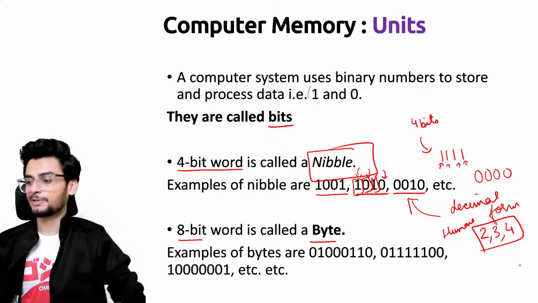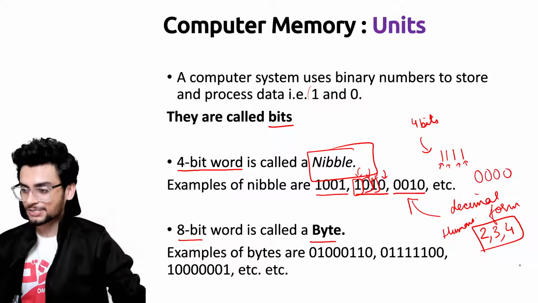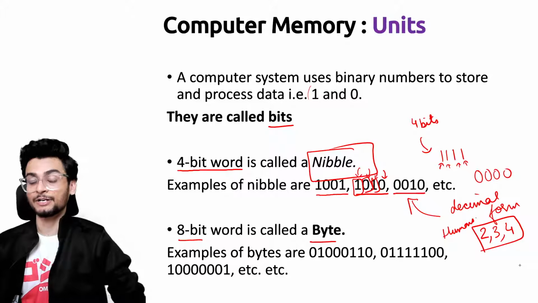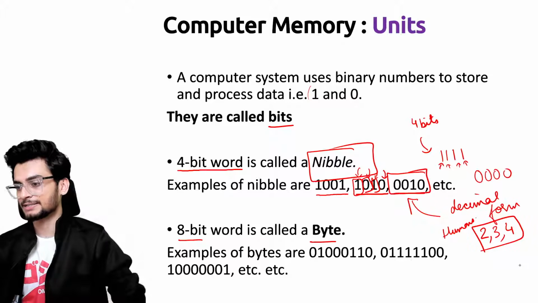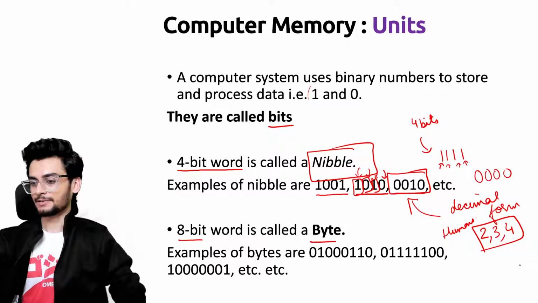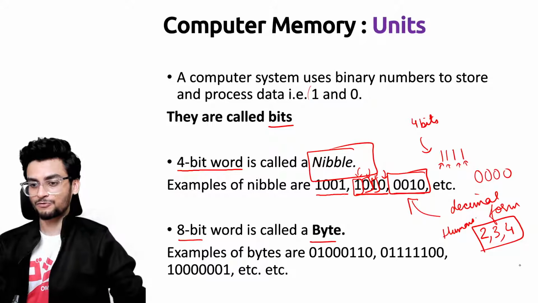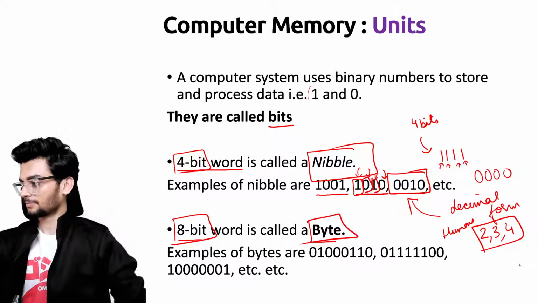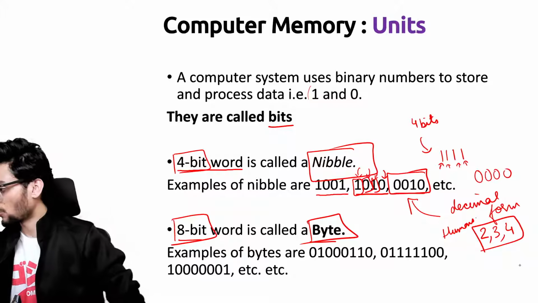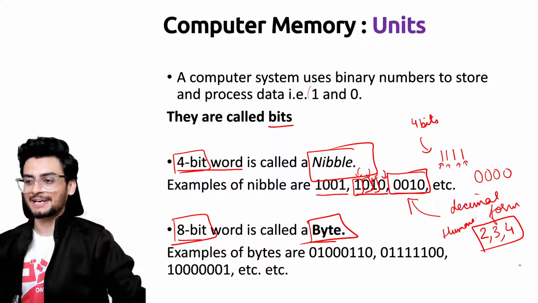Computer will not be able to read 2, 3 or 4. That is why this data is converted into binary format and it is stored something like this. ठीक है, so now we know that 4-bit means a nibble and 8-bit means a byte. What is the relation between bits and bytes?